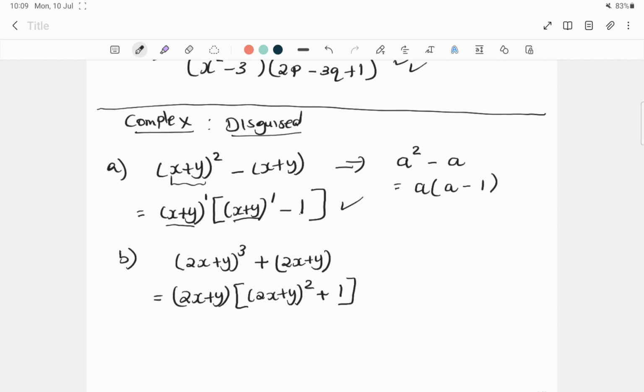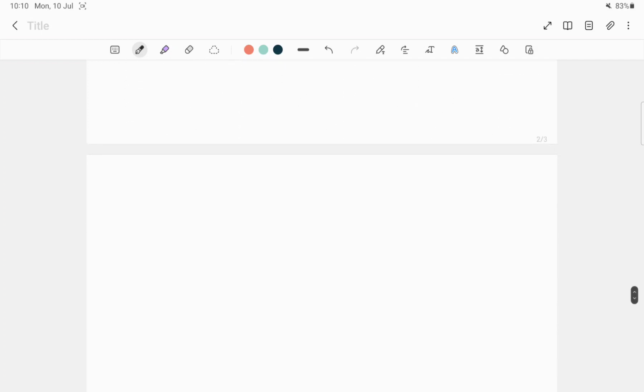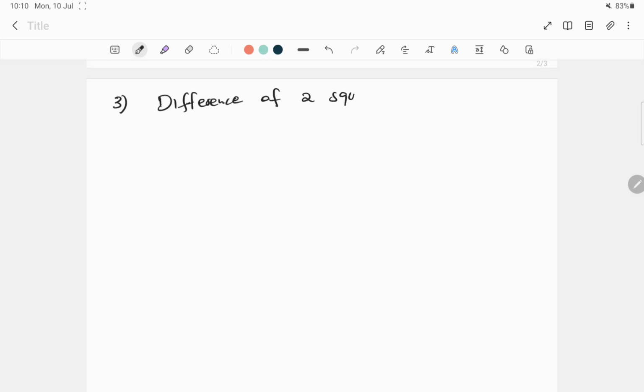Then the next type of factorization that we are going to discuss is known as difference of two squares. Remember, when you were simplifying algebraic expressions, they gave you a minus b, a plus b.